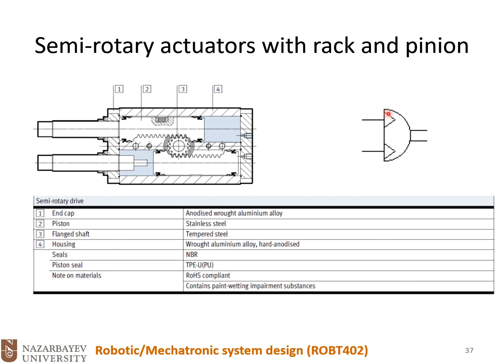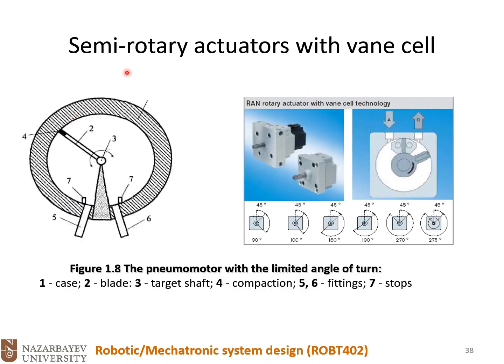So usually these semi-rotary actuators should have two ports, and two ports should be able to be pressurized and depressurized. Otherwise, it cannot go back and forth. Another type of semi-rotary actuators are those with the vane cell.